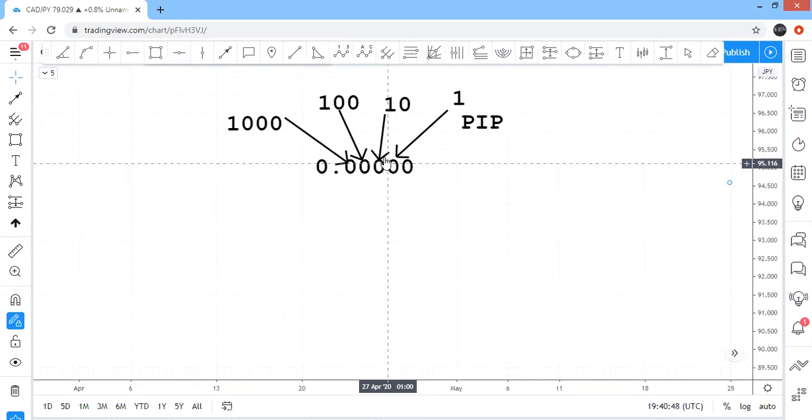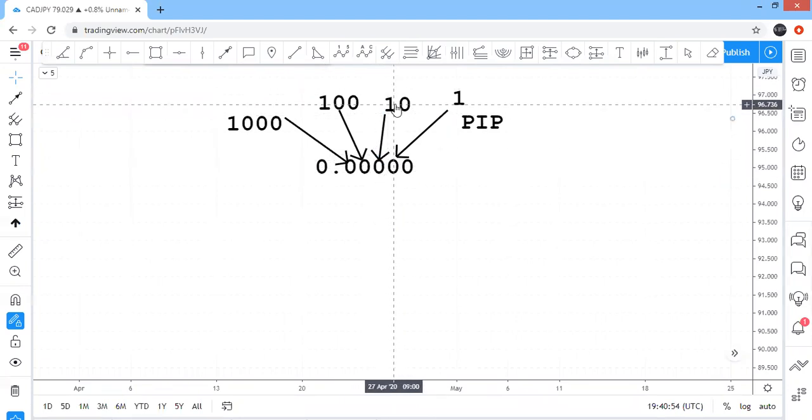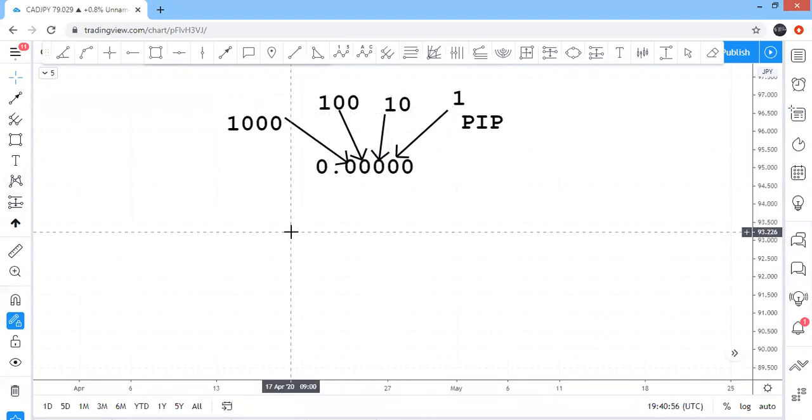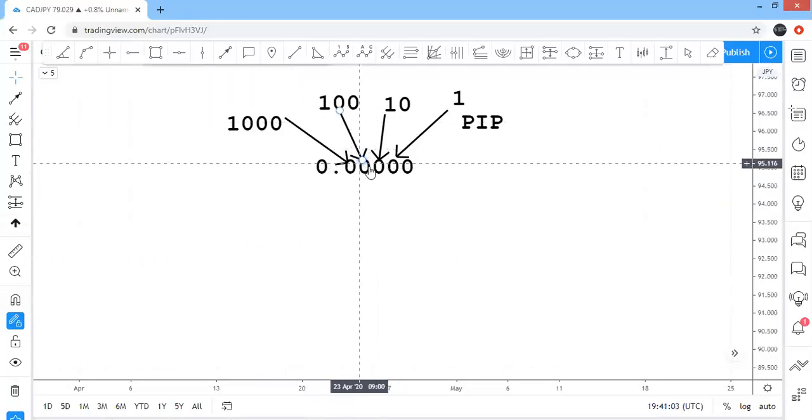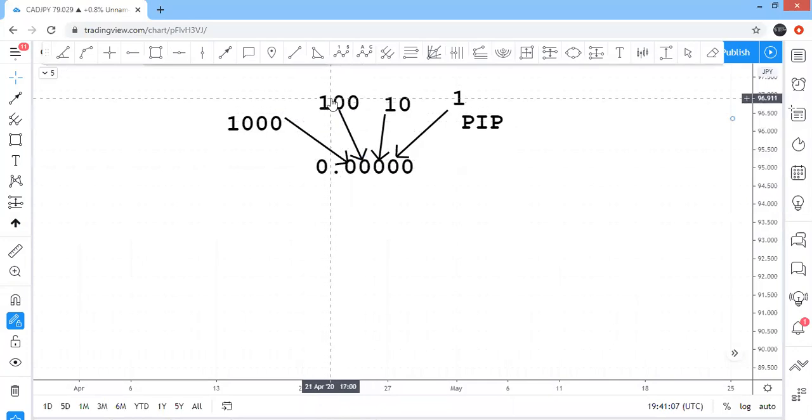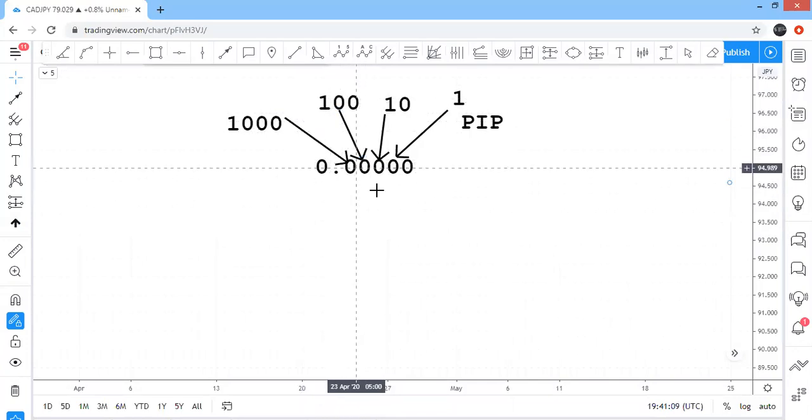If this number over here moves by 5, it now turns from 5 times 10 equals 50 pips. We'll go through it again very soon. The next number over here, if it is 7, it means that we're doing 7 times 100 equals 700 pips.